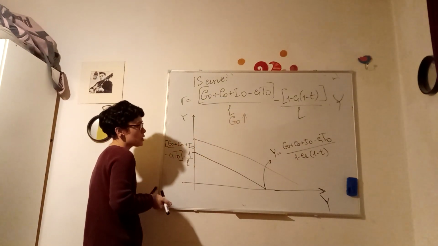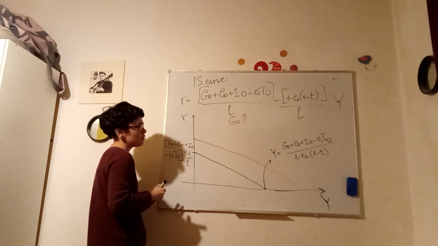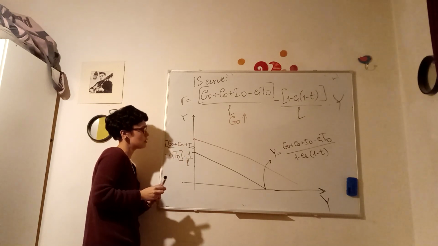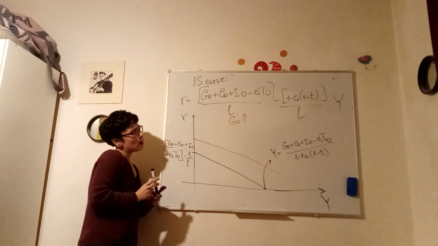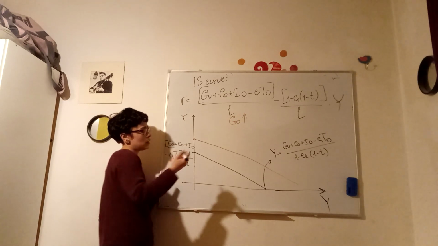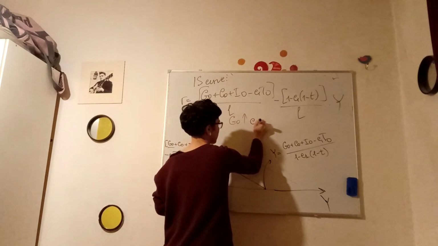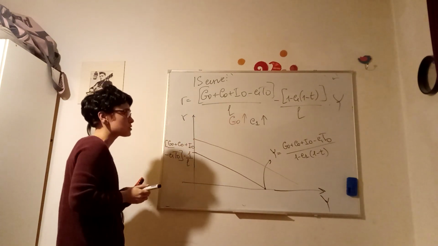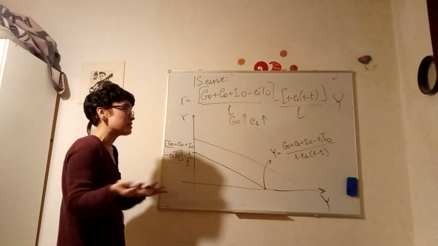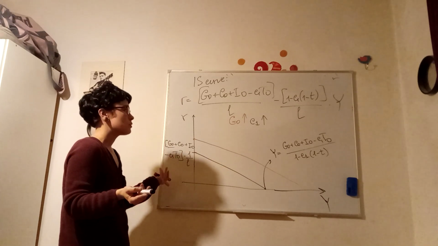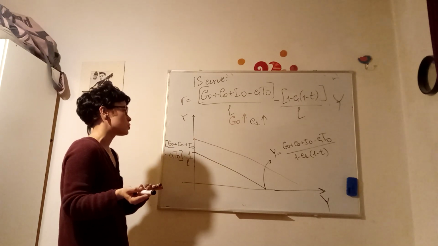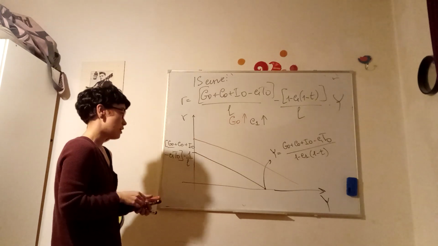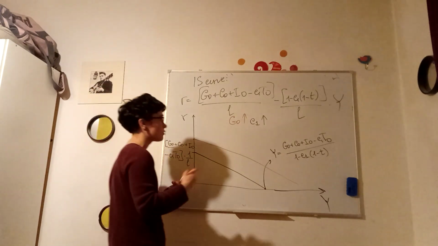Analogously, what is going to happen when C1 increases? Let's say that households become more optimistic about the future, so they decide to spend a bigger proportion of their income and the marginal propensity to consume increases.